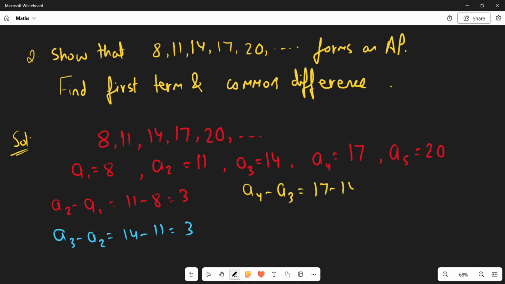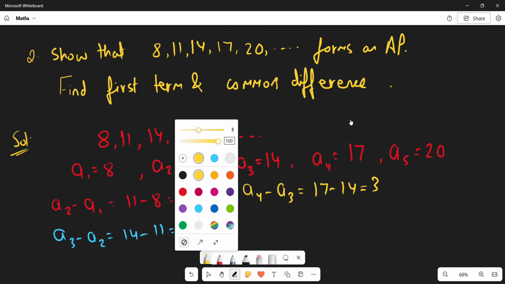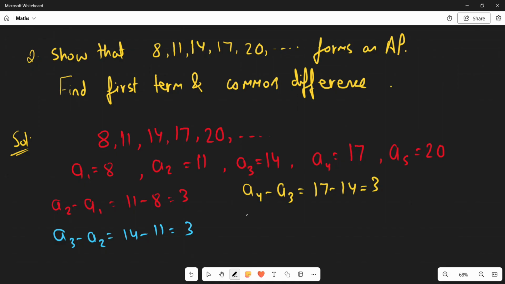This will give me 17 minus 14, which is again equal to 3. And the next one that I want to calculate is A5 minus A4, and A5 minus A4 will give me 20 minus 17, which is again equal to 3.